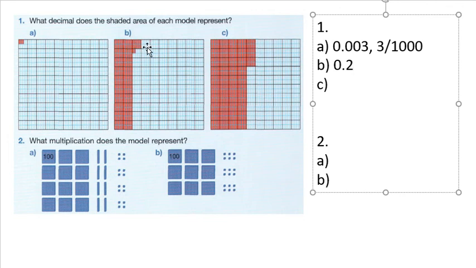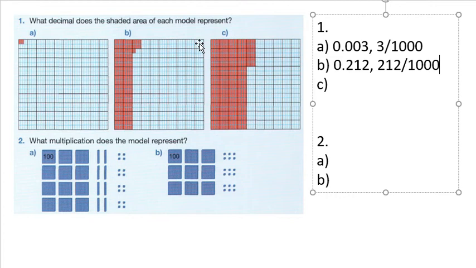And we have 1 full square over here, and that would be the hundredth. So that would be 1/100th. And we have 2 tiny slips inside the square. So that would be 2 thousandths. In other words, we would have 212 red little slips over 1,000 total little slips.